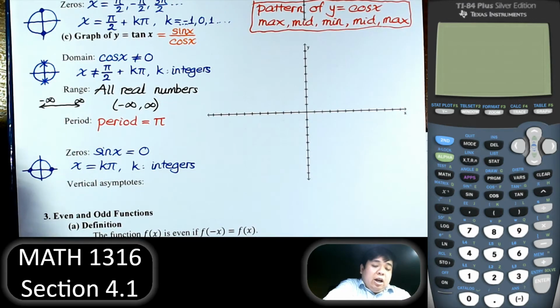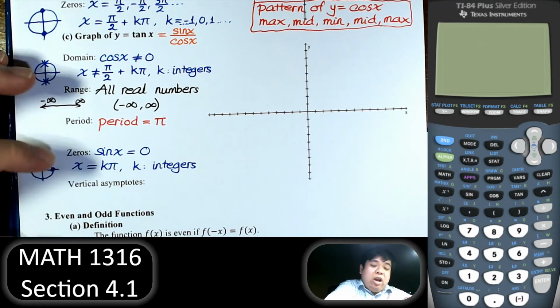And finally, for tangent, cotangent, secant, cosecant, we also have the asymptote.